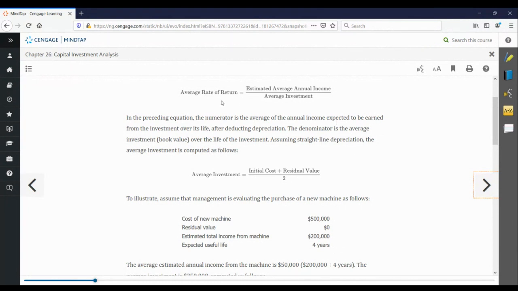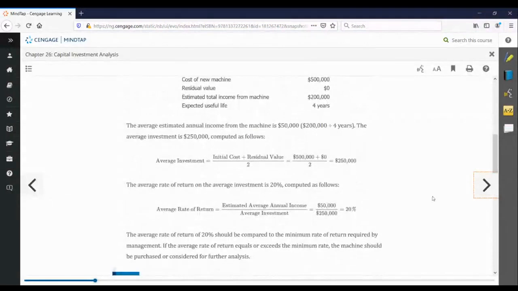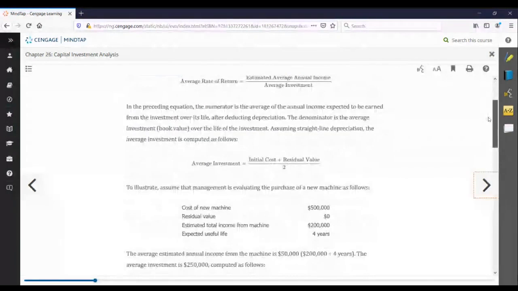So if we're determining our average rate of return, we're going to take that 50,000 and we're going to divide it by the average investment, which we found was 250,000, and what that will give you is a 20% return on the investment. So what we would do is we would determine all of the assets that we are thinking about buying.